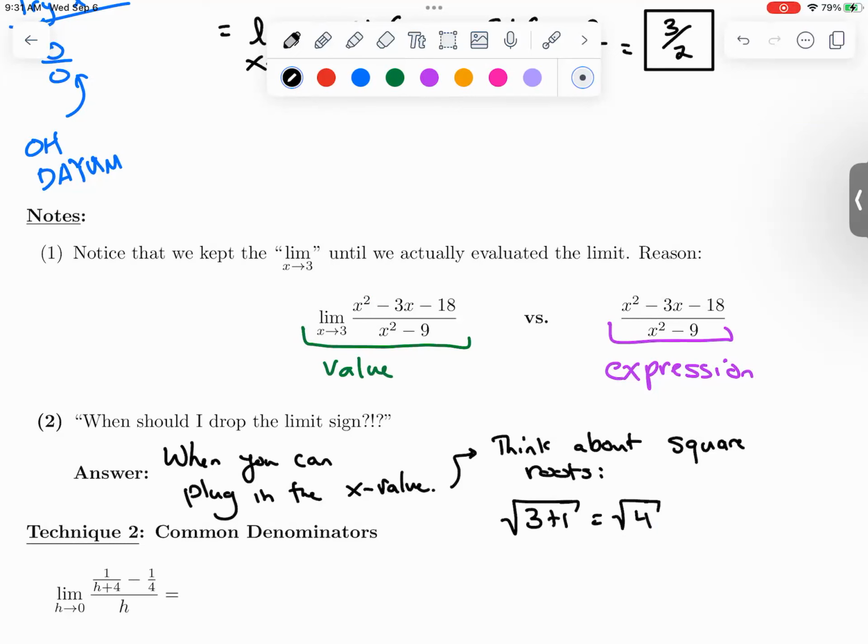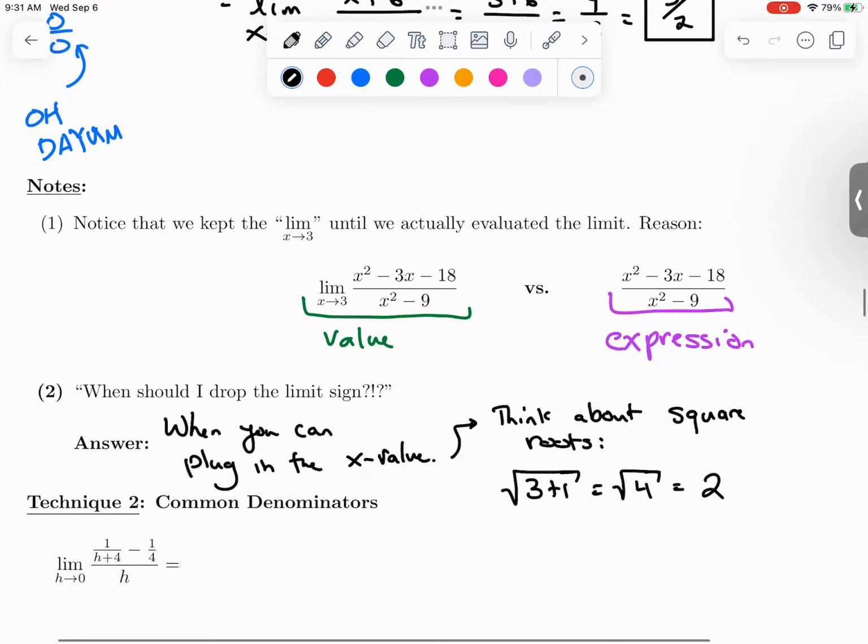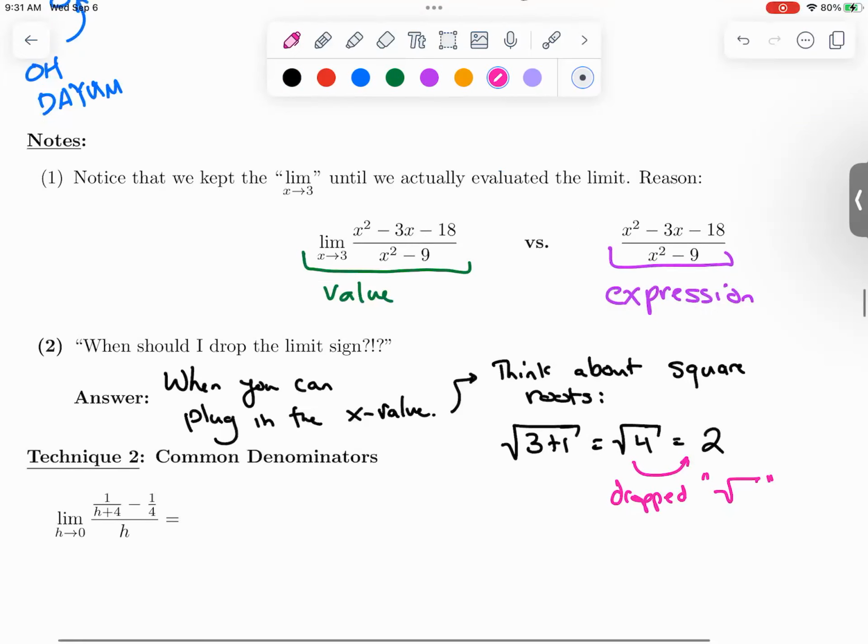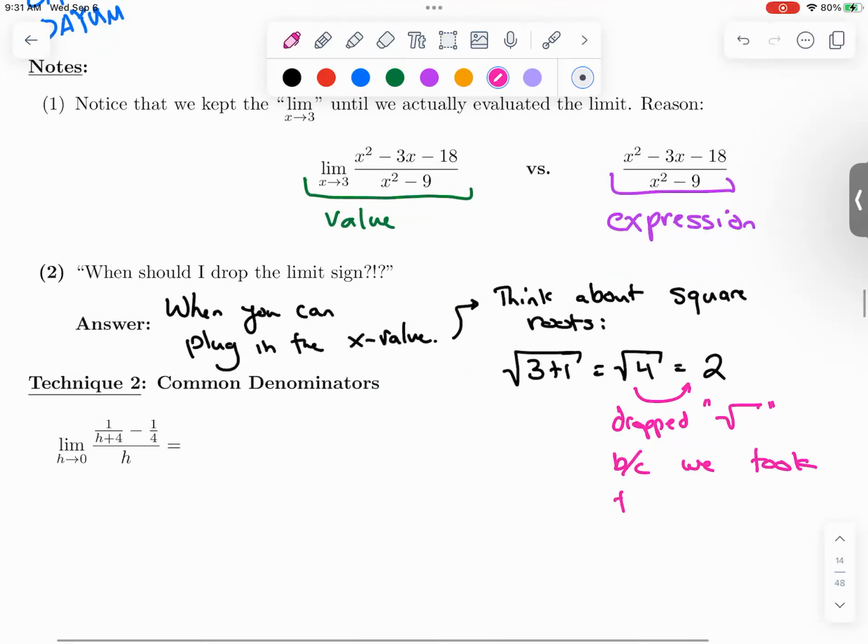We write this as the square root of 4, and then we write 2. We dropped the square root sign because we took the square root. We don't write another square root at the end of it. We don't do that because we've taken the square root.